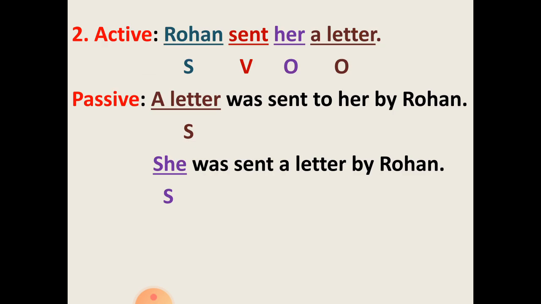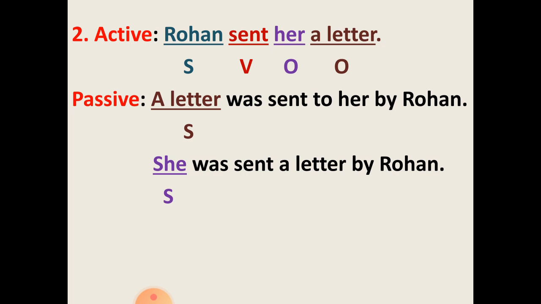Let's see one more example: Rohan sent her a letter. First I have taken a letter as the object. So it is: a letter was sent to her by Rohan. Other changes will remain the same. Simply you can take either of the two objects.